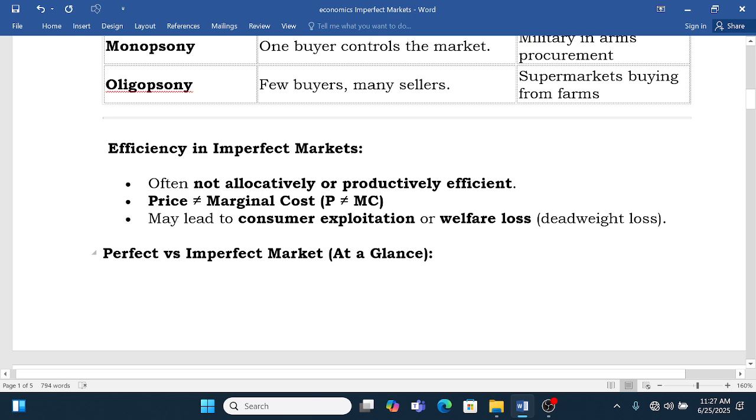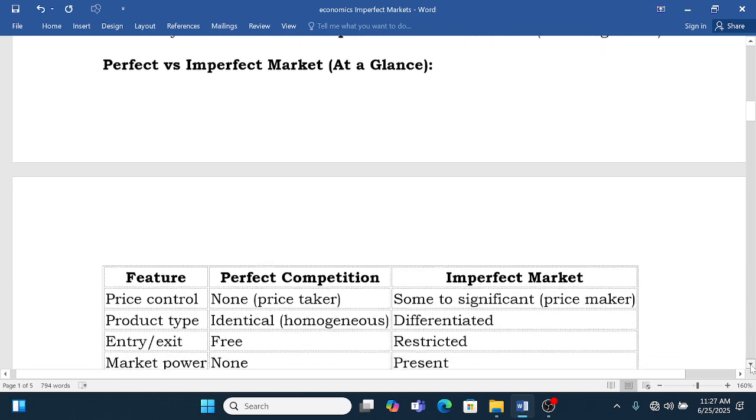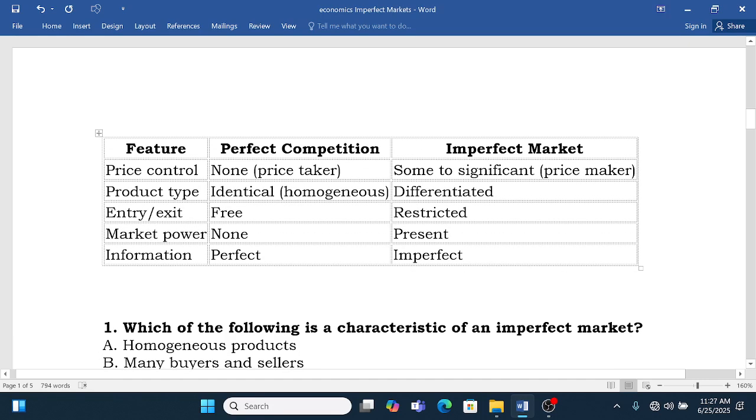Now let's look at perfect versus imperfect markets. Here we are going to see the difference according to the features of perfect competition and imperfect competition.